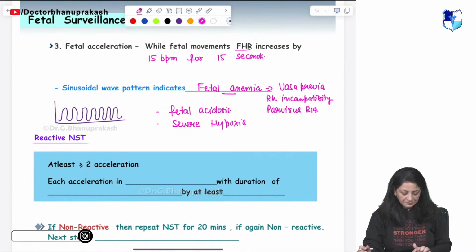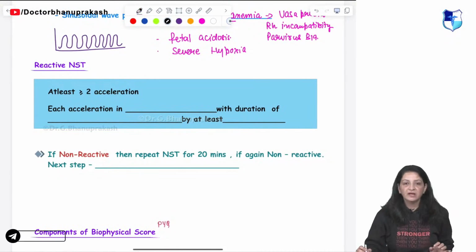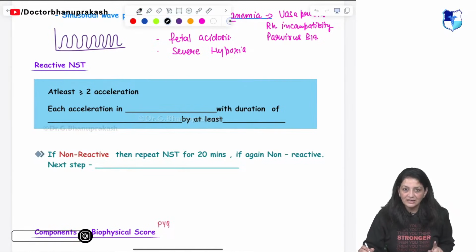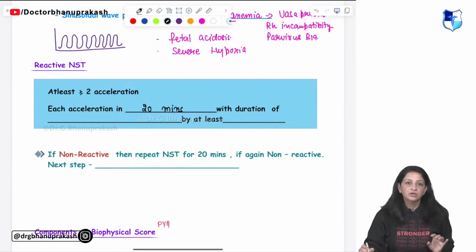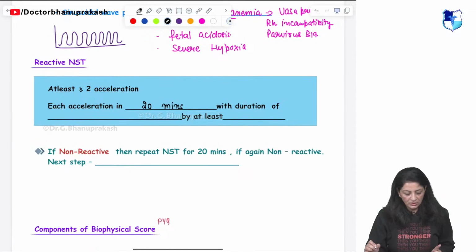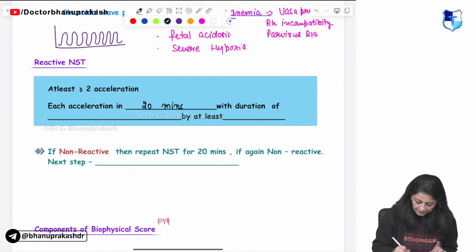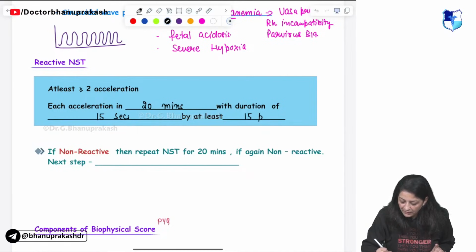चलो अब नेक्स्ट देखें. So what is the meaning of reactive NST? It means at least two accelerations in 20 minutes, each with a duration of at least 15 seconds and at least 15 beats per minute.